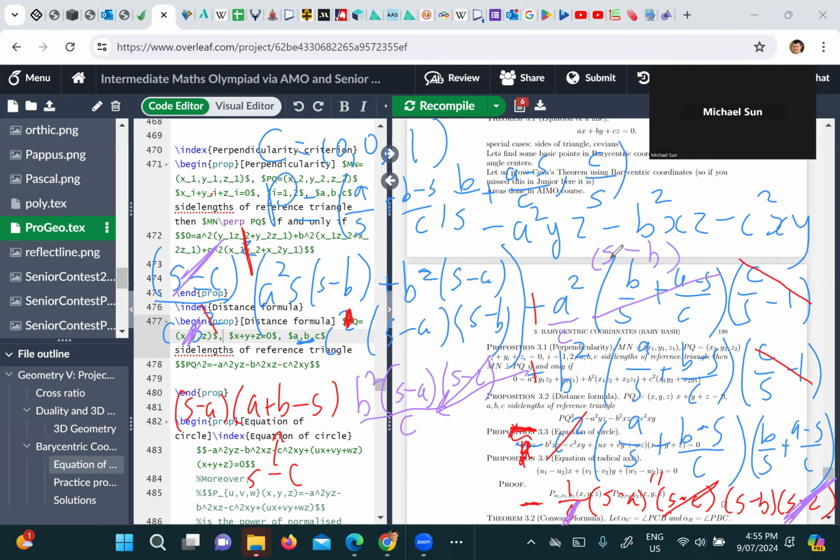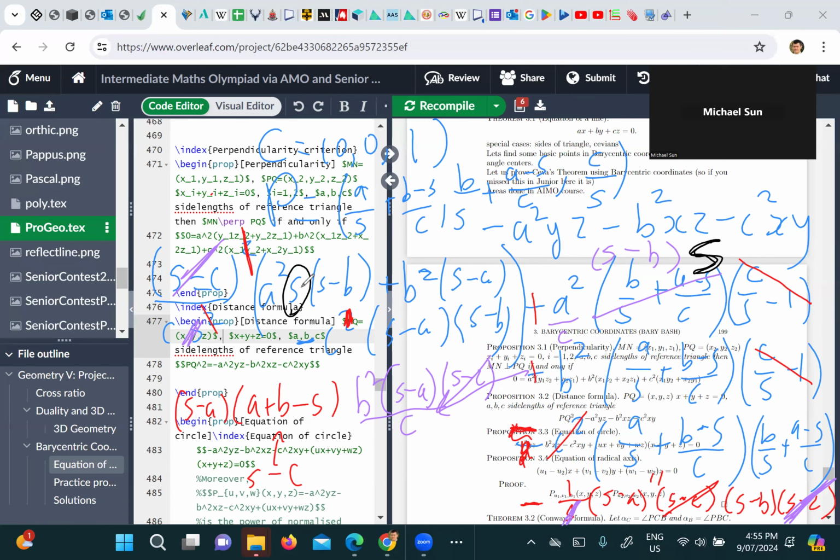Okay? Okay, and then it's just a matter of comparing the rest of the terms. So if you oversee, it's A squared. Oh, we're missing an S. Okay, we seem to be missing an S here.